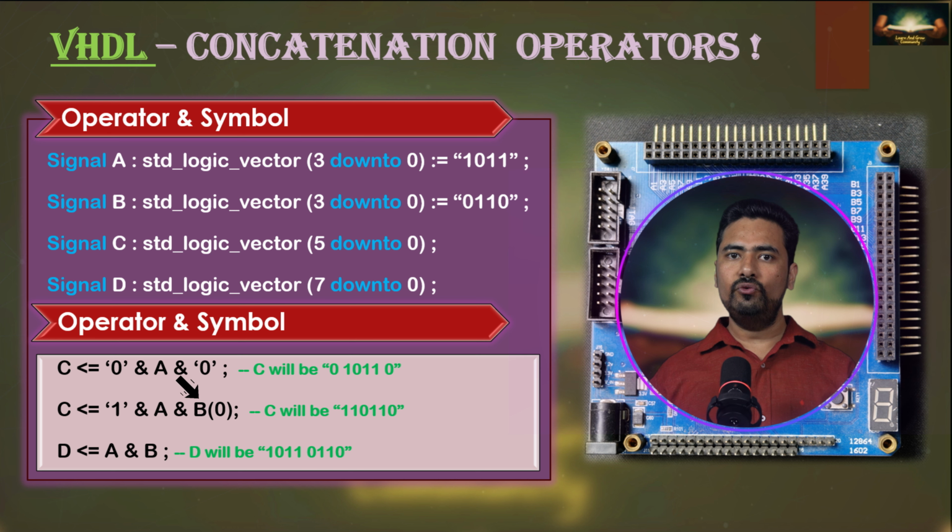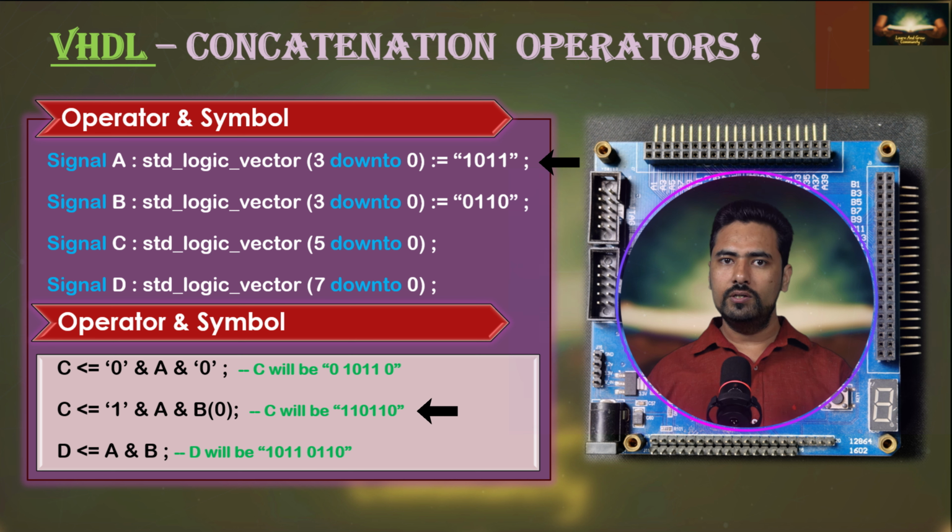And in the last, we added B(0). This is the 1-bit data of signal B at the 0 index. Hence, the final output would be 1, then signal A data, which is 1011, and in the last B(0), which is 0. So the output will be 110110.